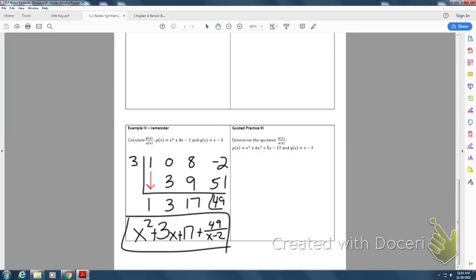There's the problem for C. Please do not just be copying this down. Make sure that you're just checking your answers that you got with what is up on the screen.